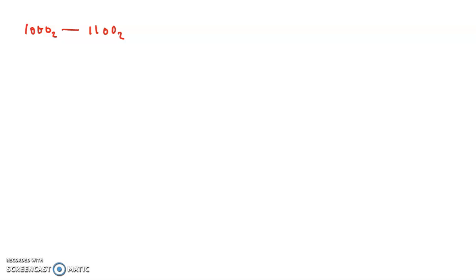The first thing you need to do is take the 2's complement of the subtrahend. Here, this is our M and this is our S. M is nothing but the minuend, the one being subtracted from. This is the subtrahend.